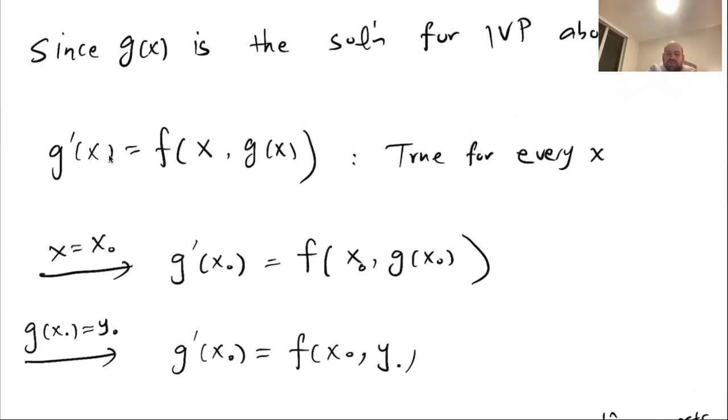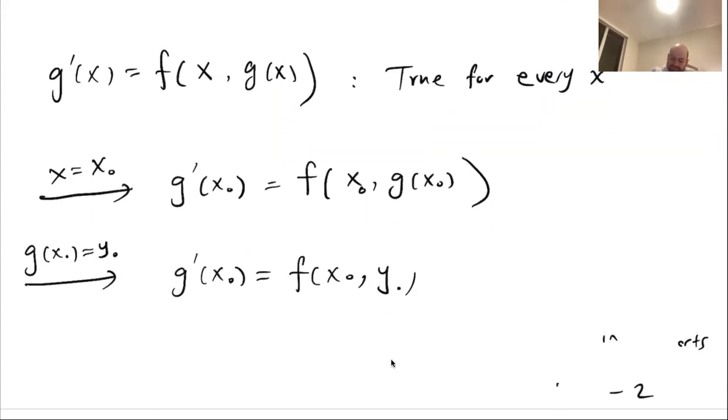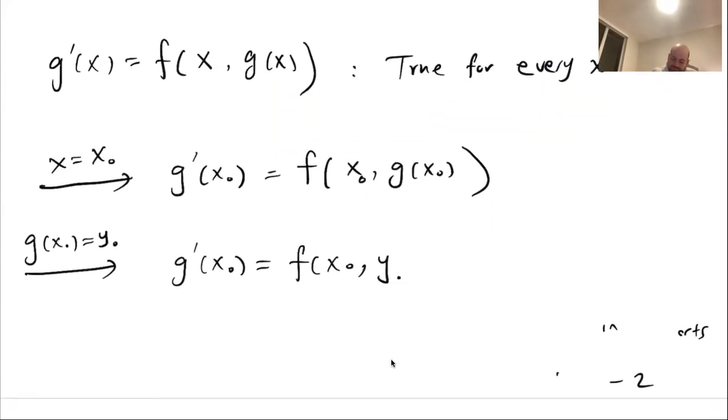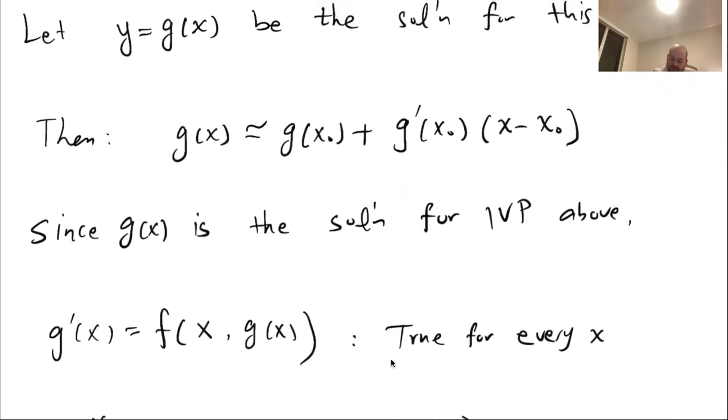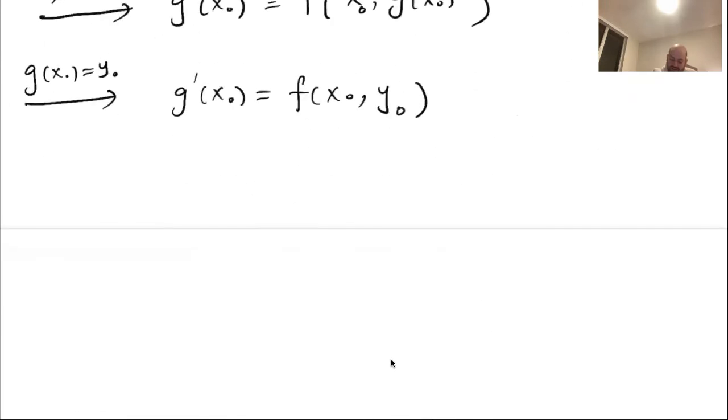Here I replace x with x naught: x naught here, x naught here, x naught here. And g of x naught is y naught. This is how g prime of x naught can be computed. So I can substitute it back.